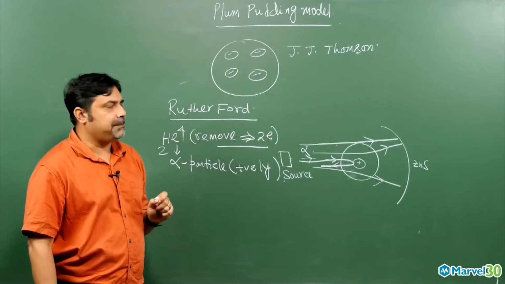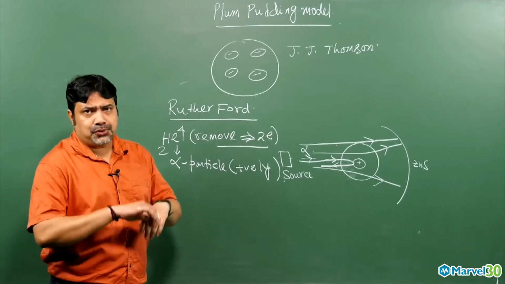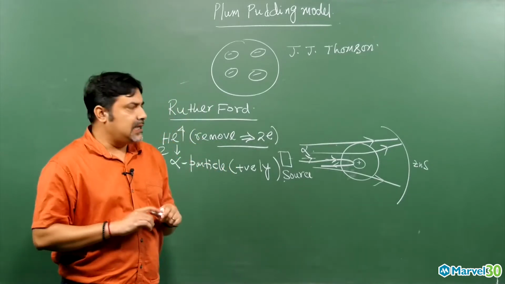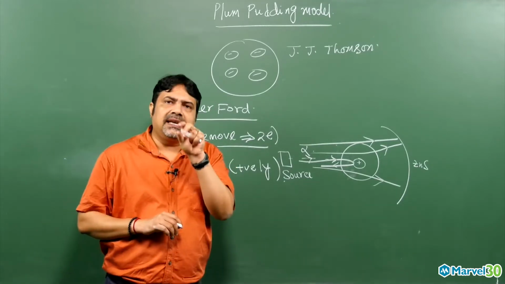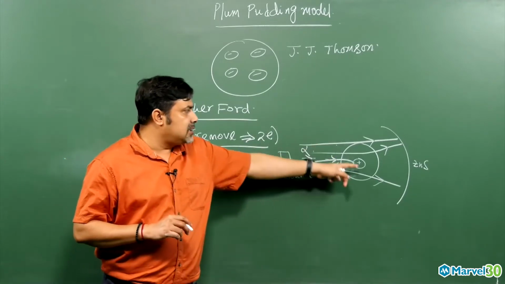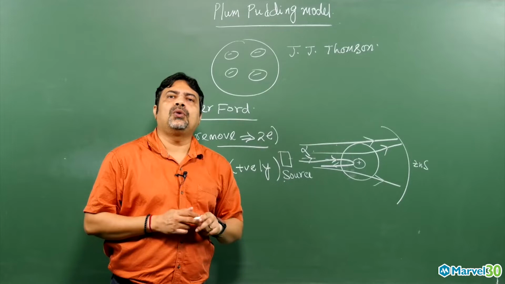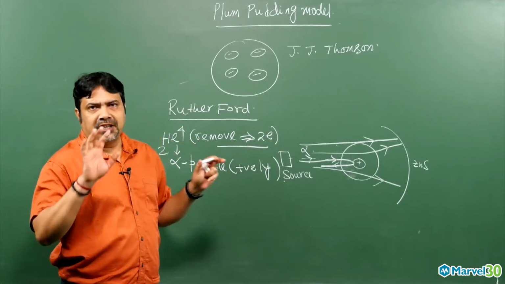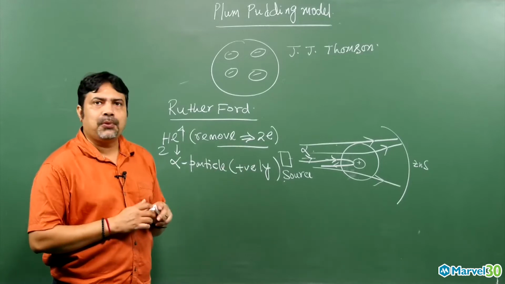So he proposed that the maximum part of the atom is vacant and a very small portion is where the positive charge is located, and that is why most alpha particles go with slight deflections or without any deflection.